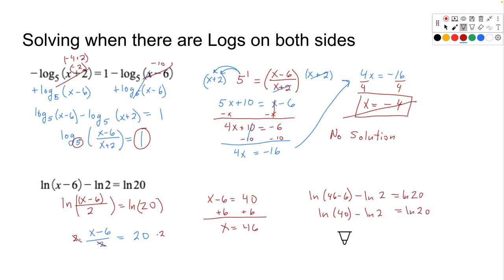Again, combining logarithms, we could have natural log of 40 divided by 2 equals the natural log of 20, and therefore the natural log of 20 is equal to the natural log of 20, which is a true statement. We don't have to really go in further. It checks. So this time we can say yes, our answer is x equals 46.